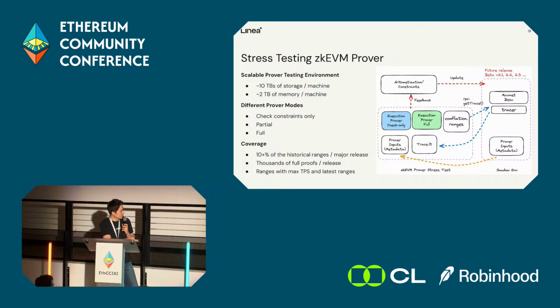We also have many different modes in our prover. You can only check constraints, or you can run the prover partially, or you can just run the full prover, just like in production. For the constraints-only prover, testing one trace takes less than 1 minute. And the full version takes more than 30 minutes to test.